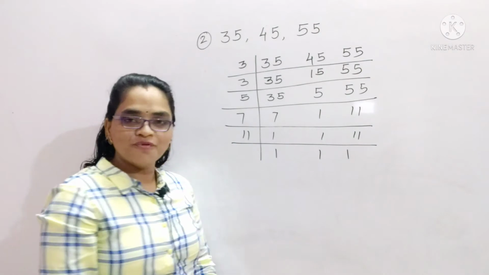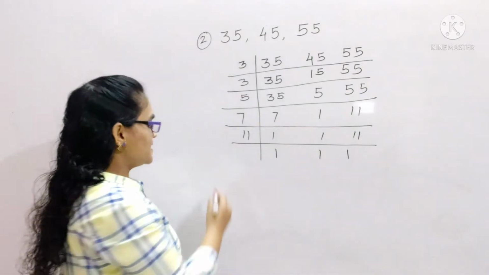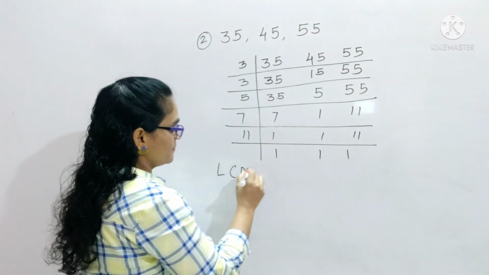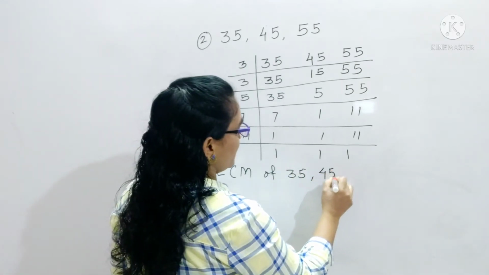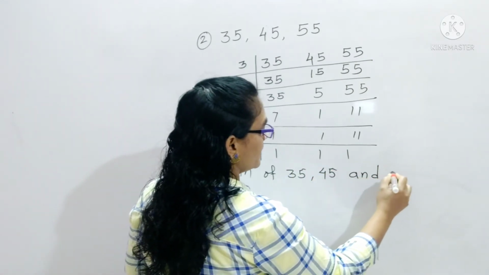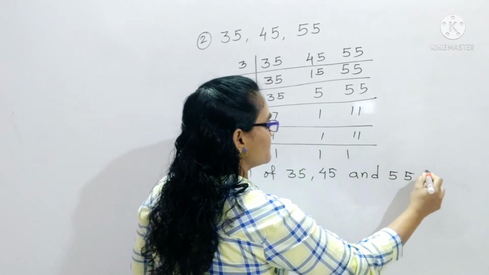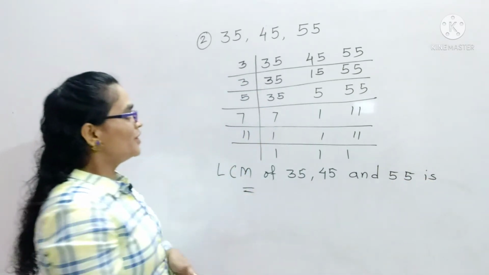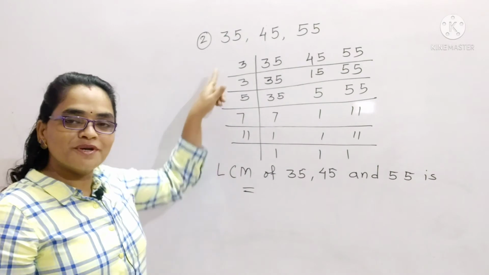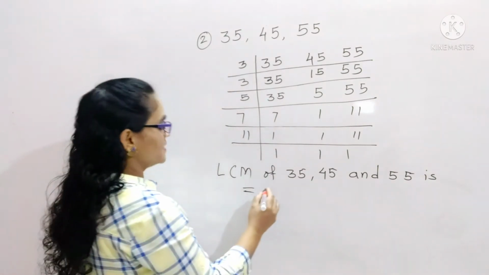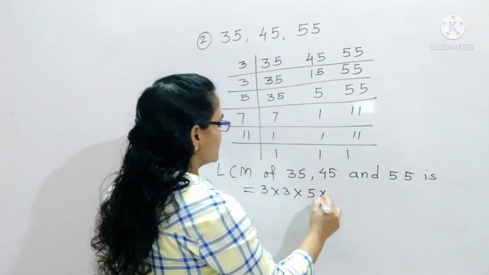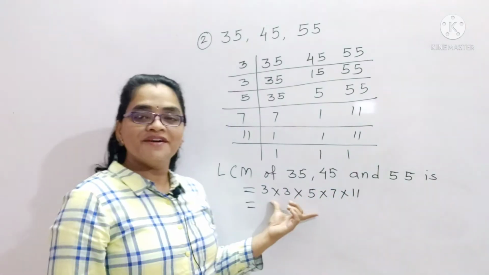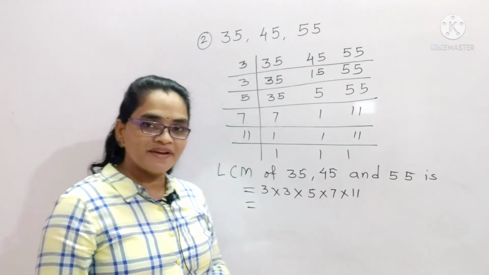Now here 1 is here. So LCM of 35, 45 and 55 is the product of all prime numbers, that is 3 into 5 into 7 into 11. Find the product of all prime factors.